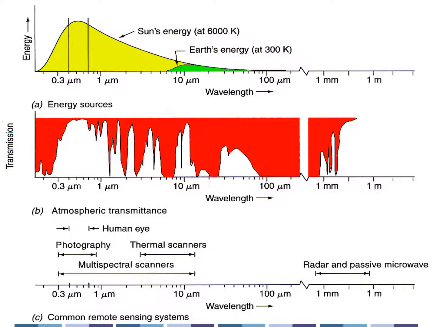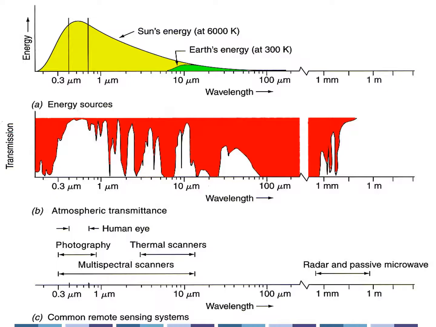And what this is intended to show you is there are different spots in the spectrum where energy comes through. Those are the only spots where we can effectively look at things from satellites. If the energy doesn't make it through the atmosphere, we can't make any use of that for our purposes.